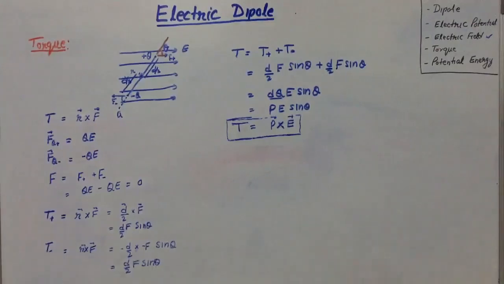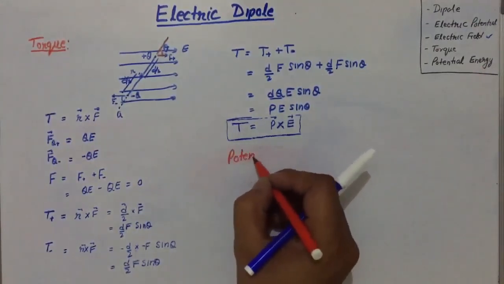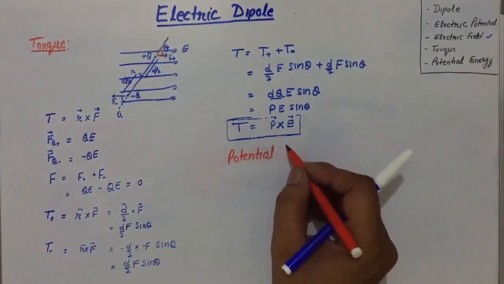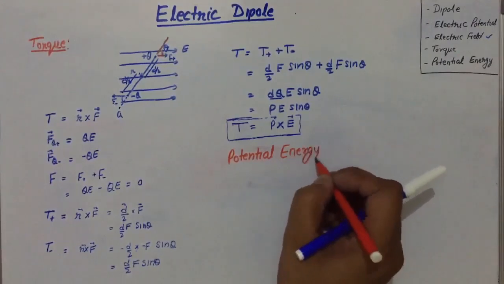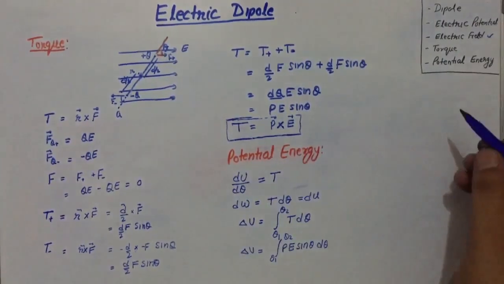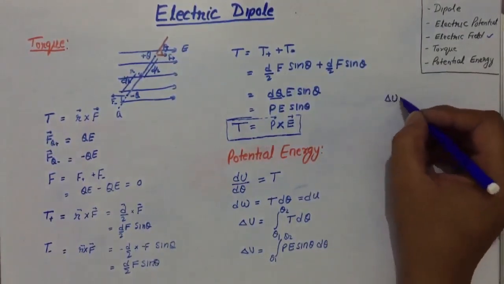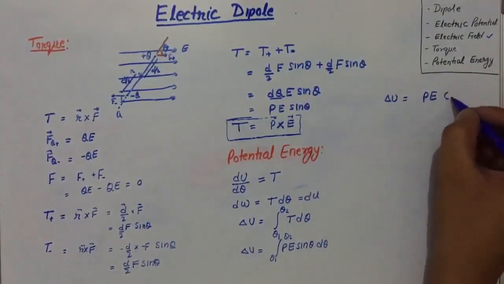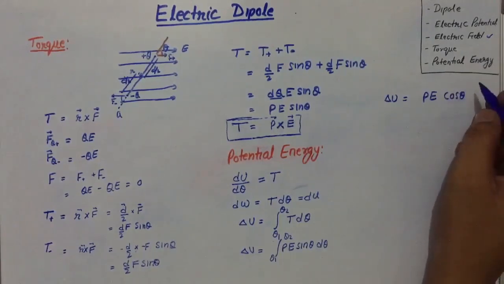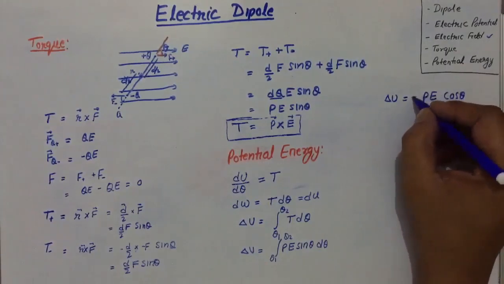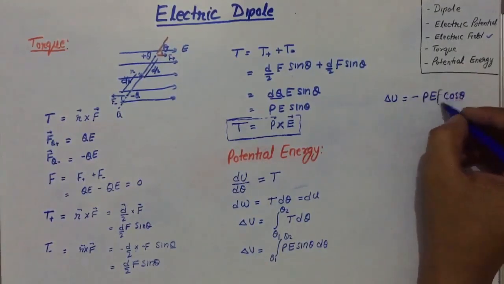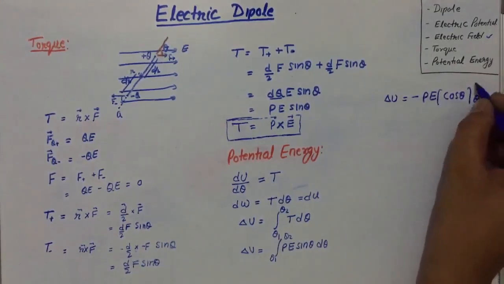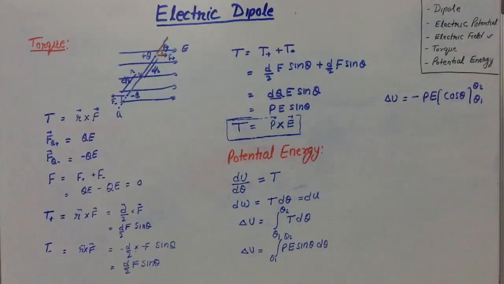Now let us discuss the potential energy. The change in potential energy can be written as, from here, PE sine theta integrated from theta 1 to theta 2, which gives minus cos theta, because the integration of sine is minus cos, and the minus came outside.